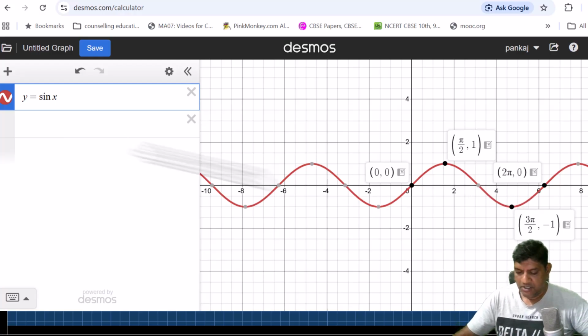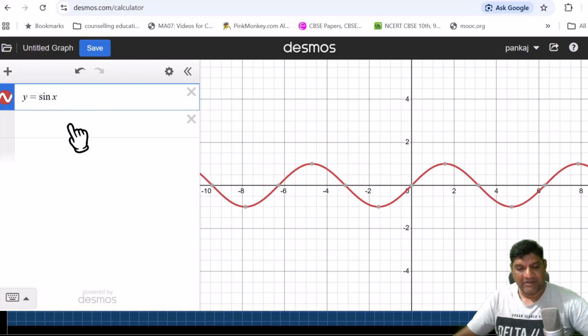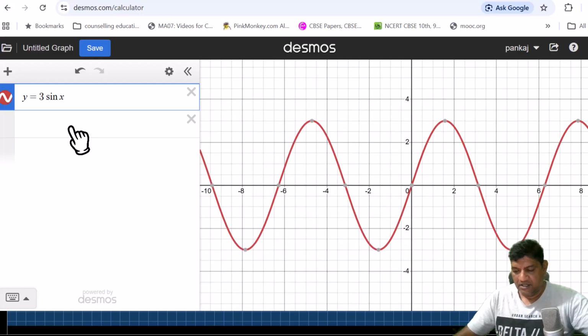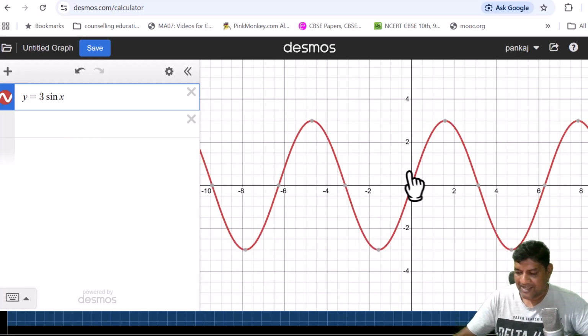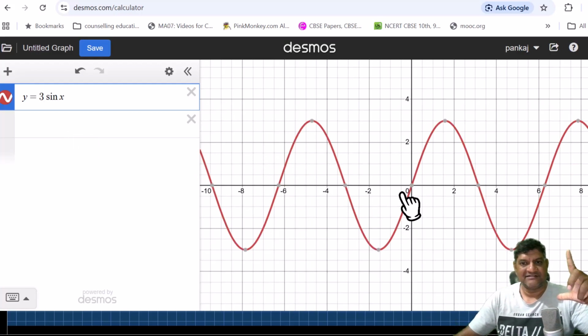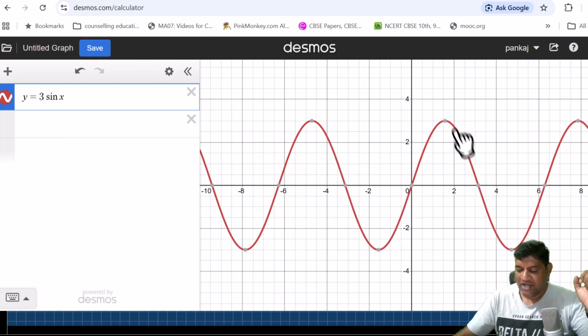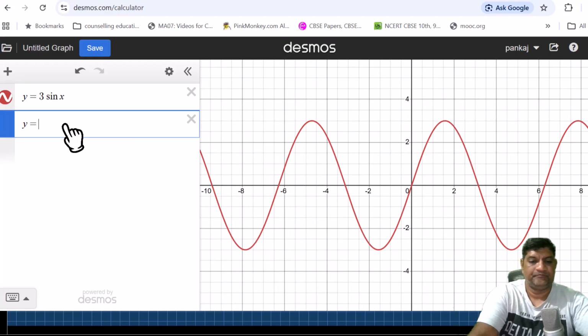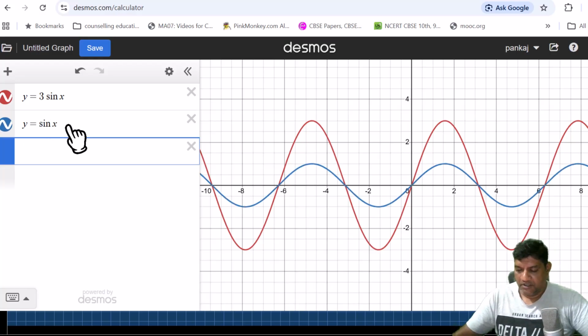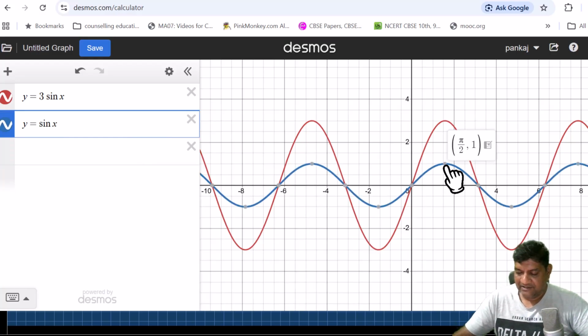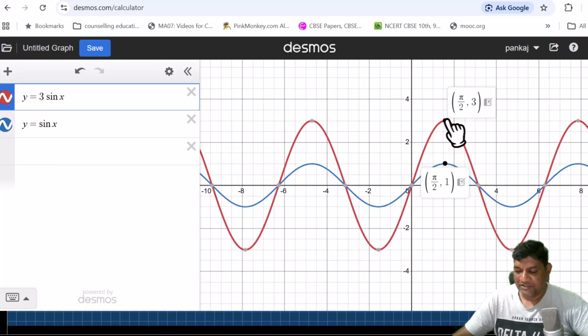Okay, good. Now I'm going to take this sine curve and simply multiply this with, let's say, a 3. The moment I do that, what happens? The graph is stretching, right? So there is a vertical stretch, correct? And by how much is it stretching? Earlier it was simply sine x. I'm going to go back, and earlier you could see that the amplitude was 1. Now the amplitude is 3.